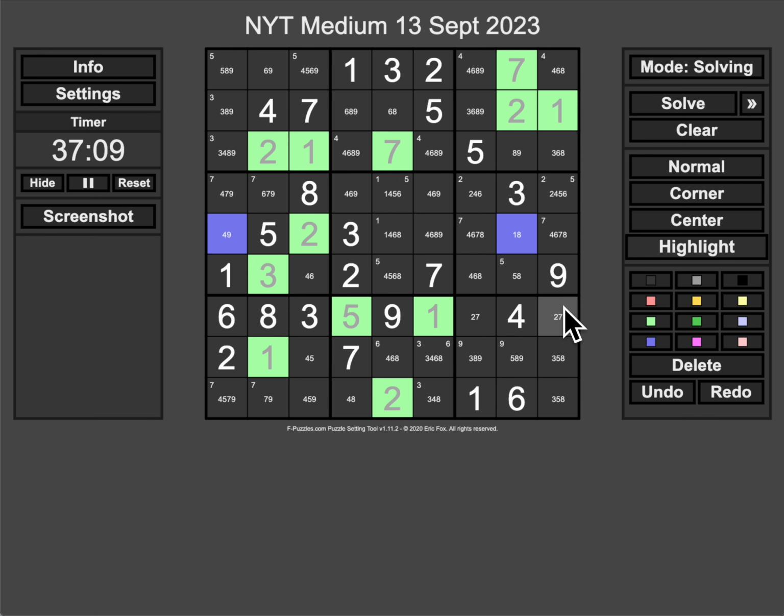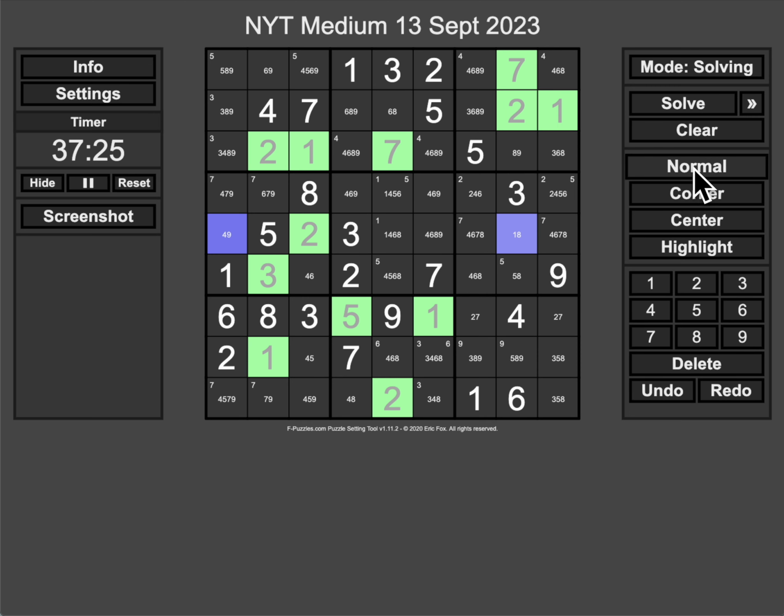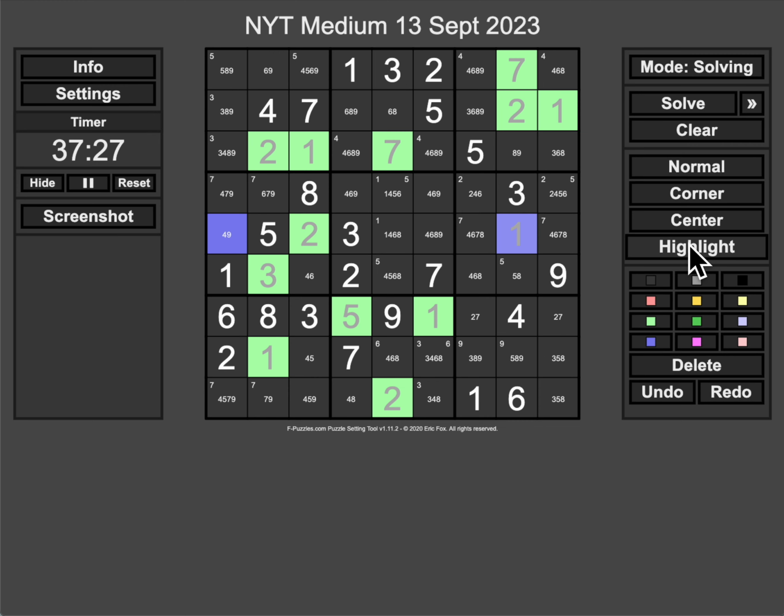I already have an X-wing on 2s. These 2 cells and these 2 cells. I still haven't reduced 4 or 6 down to much of anything but that. That's the only space for 1 in this box. So I'm going to assume that that's a 1.